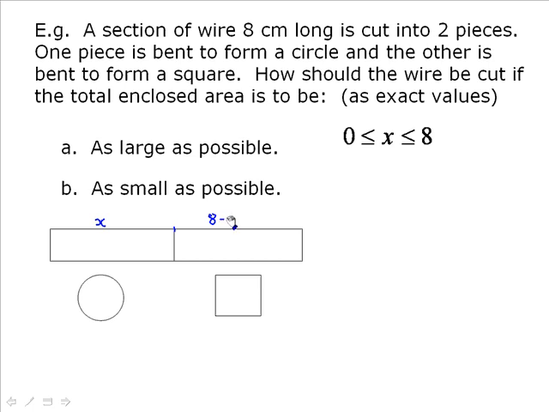That would mean that 8 minus x, since the total is 8 centimeters long, is the amount that's cut off to be the square. So I'll indicate at the top that x is the length to be cut off for the circle.